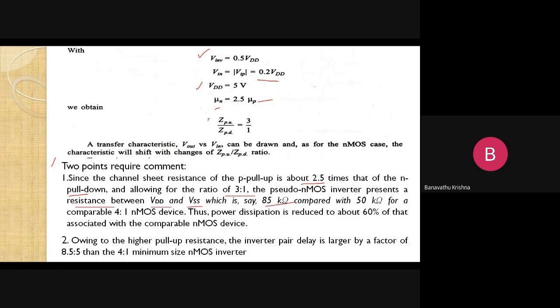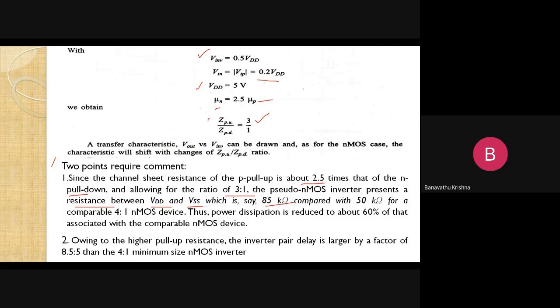You know that actually the resistance is nothing but 2.5 RS for the P channel, and here the ratio is 3. Okay, you know the value, Z pull up equals 3 into RS. So RS is nothing but 3 into 2.5 into 10 to the power of 4 ohms, right?